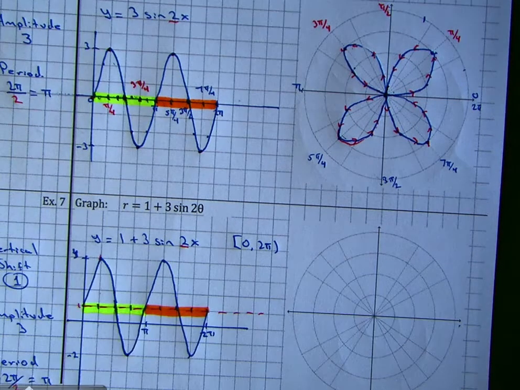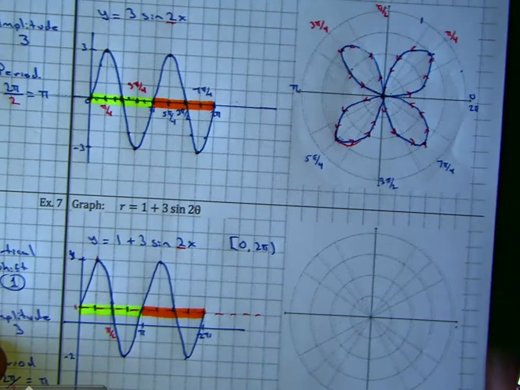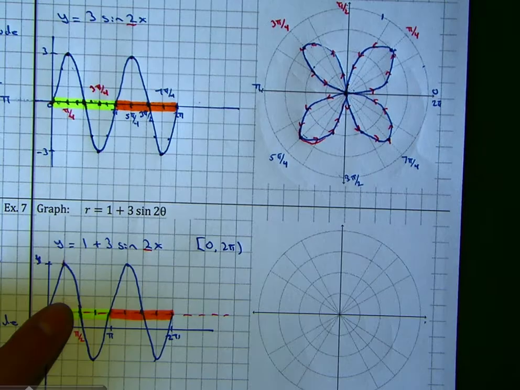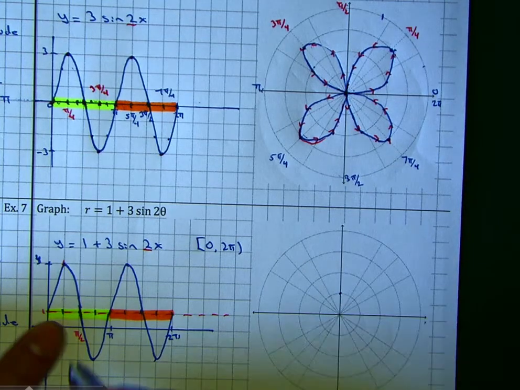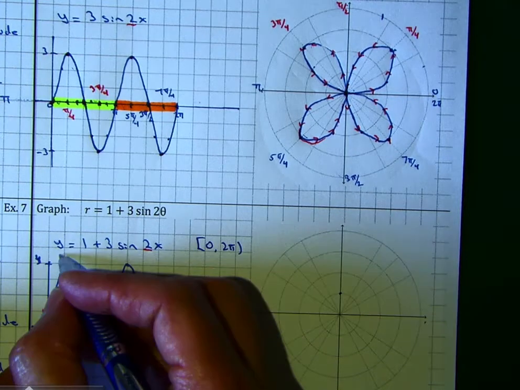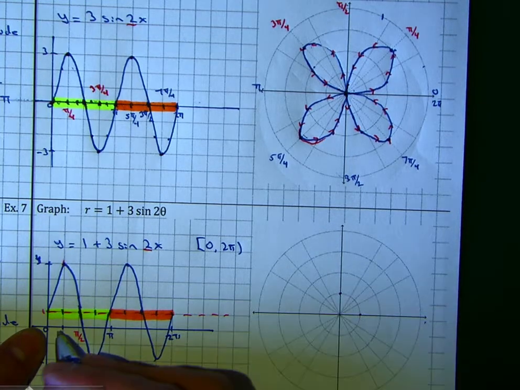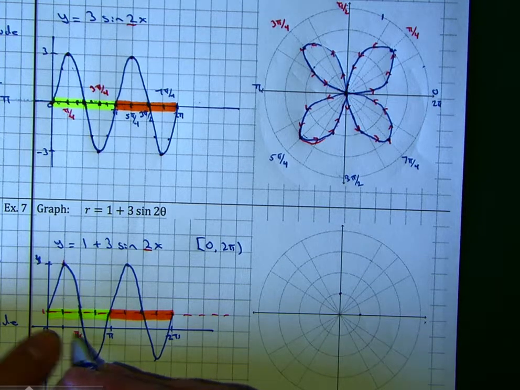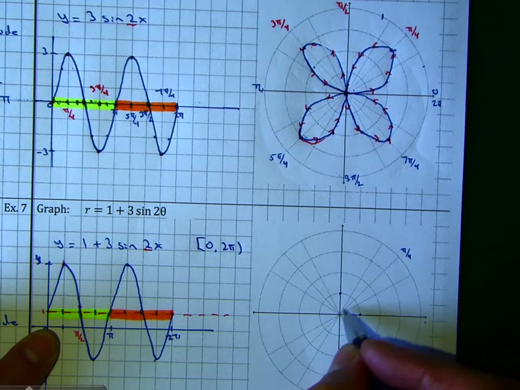So let's just graph it. This is pi over 2. So pi over 2 will be 1, which is fine. The one we consider at the peaks, or at 0, will be 1 as well. Then at pi over 4 will be 4: 1, 2, 3, 4.